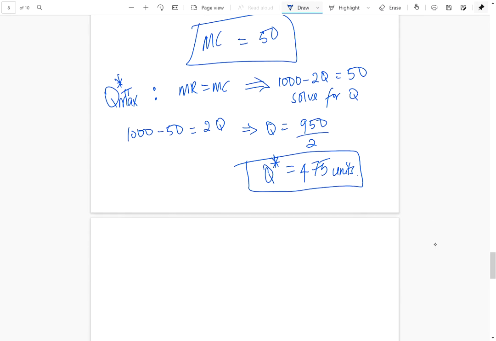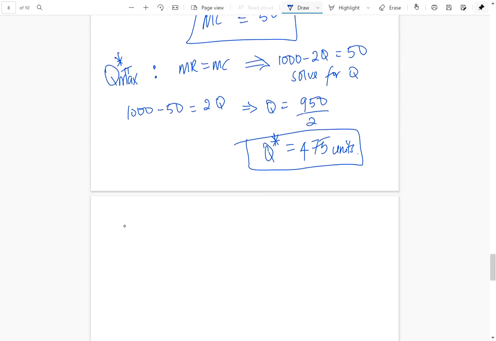This is a monopoly firm. So what price should they charge to get P star? Plug Q star into our price function or demand function, where P is equal to 1,000 minus Q, right?